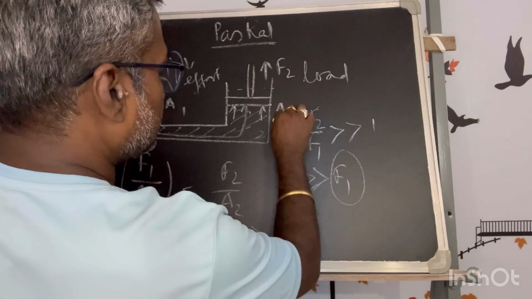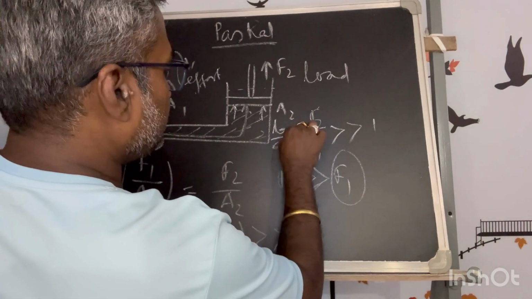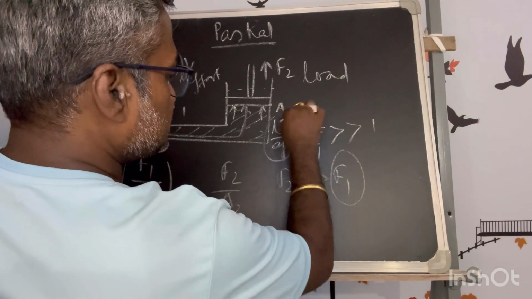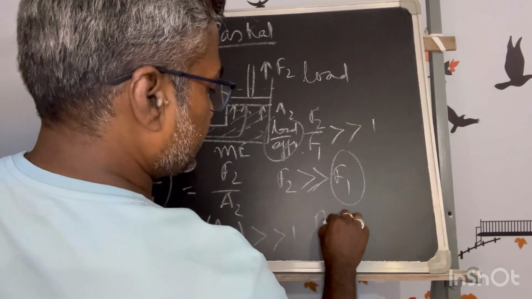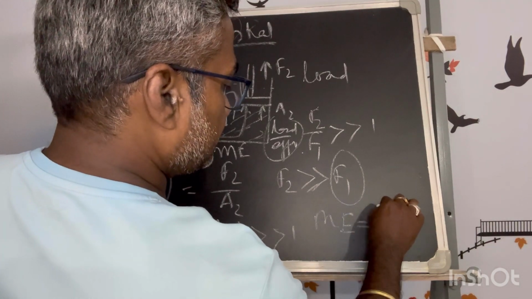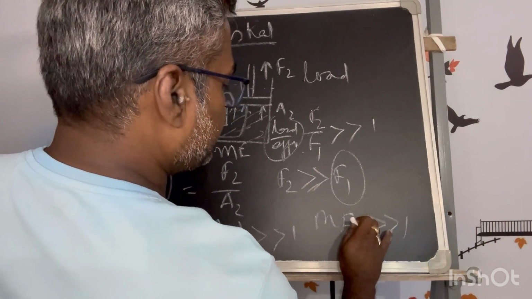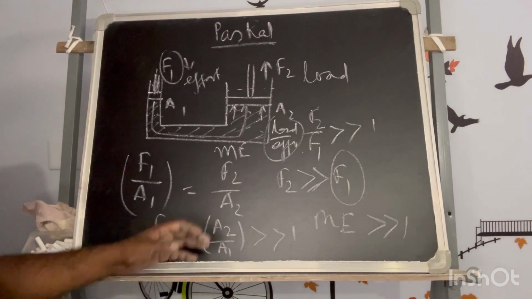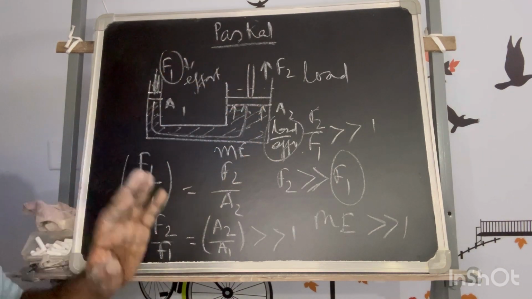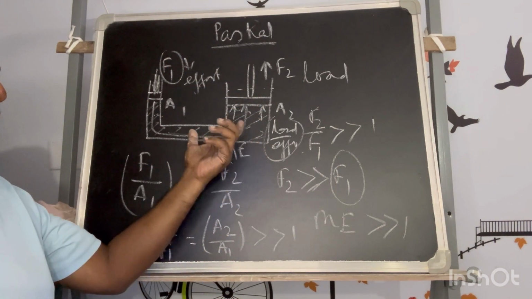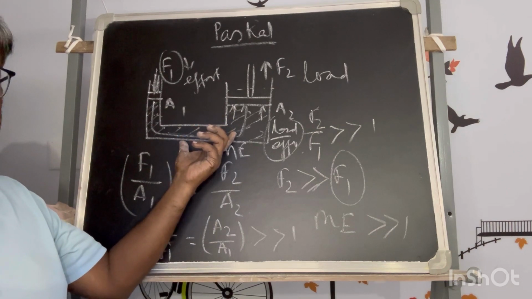Load by effort, which is the mechanical advantage, and in this case the mechanical advantage can be much more than 1. That means I have an advantage of using this theorem and can build a machine like this.